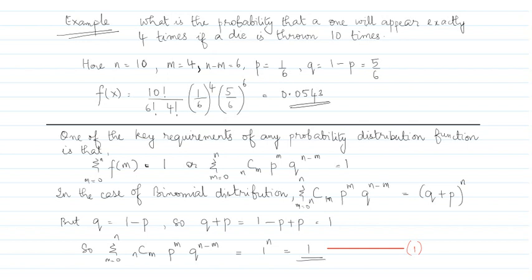So my m is equal to 4. അപ്പോൾ റെസ്റ്റ് n മൈനസ് എം എന്ന് പറയുന്നത് എത്രയാണ്? 6 ആണ്. Probability of success. What is the probability of getting a 1 in a die? It is 1 by 6. അല്ലേ? Then what is the probability of failure? Failure means there are 5 outcomes other than 1 possible in a die.